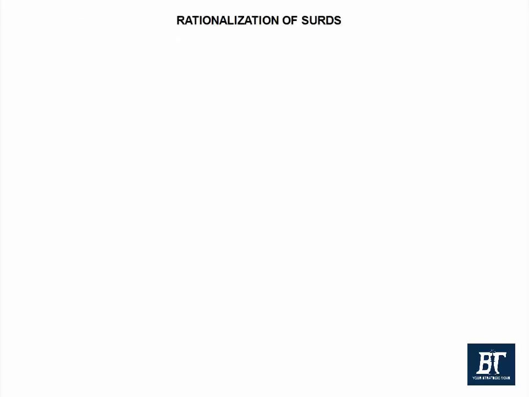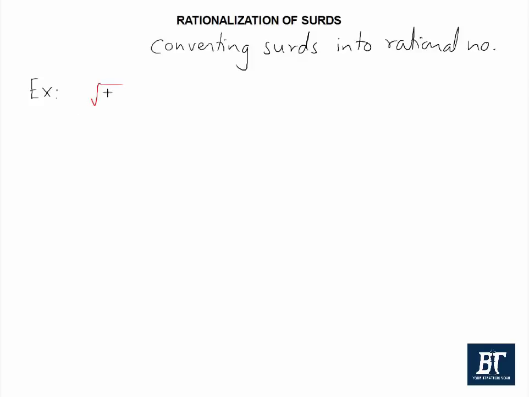So next is rationalization of surds. It means converting surds into rational numbers. Example. Let's say we want to convert a root 2 into a rational number.